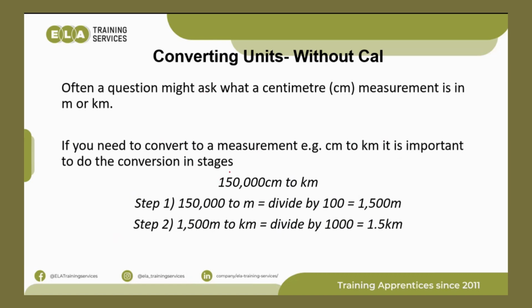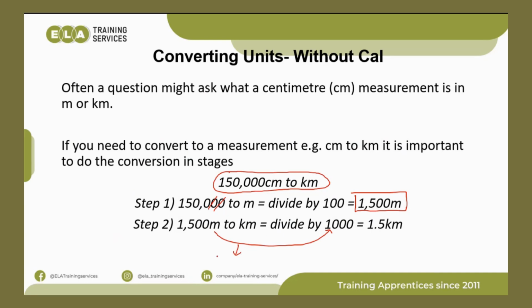So for example, here we've got 150,000 centimetres and we want to know what that is in kilometres. Step 1, we're going to convert 150,000 to metres. So we're going to divide by 100, which leaves us, so we take away 2 zeros, with 1,500 metres. We then take that 1,500 metres and we divide it by 1,000 because we want it in kilometres.